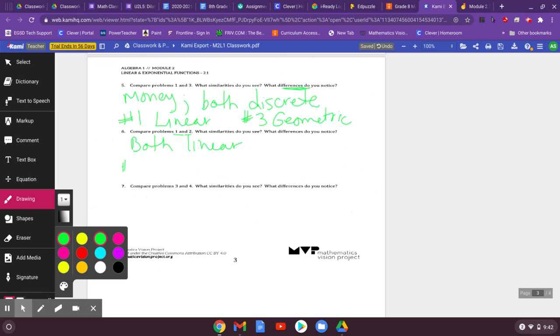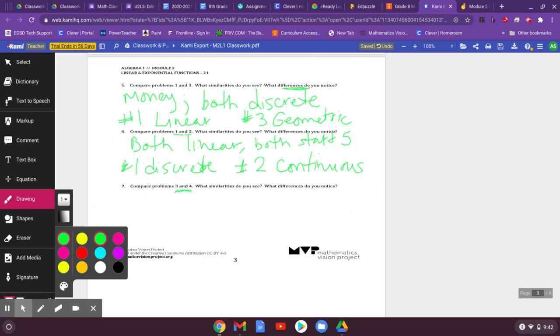The differences, though, number 1 was discrete, and number 2 was continuous. So when they're talking about comparing them, that's really what they're talking about. Let's talk about what the shape of their graph is. Another similarity was they both started at 5. One started with 5 pennies, one started with 5.